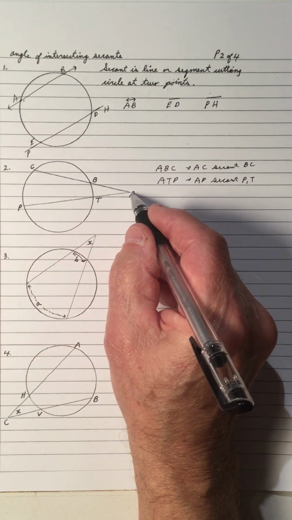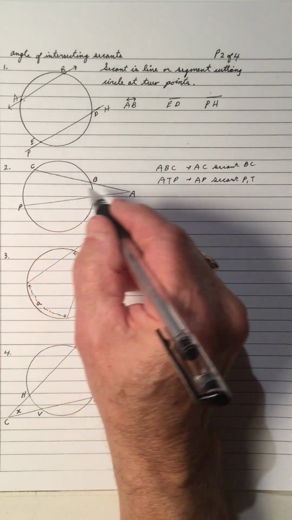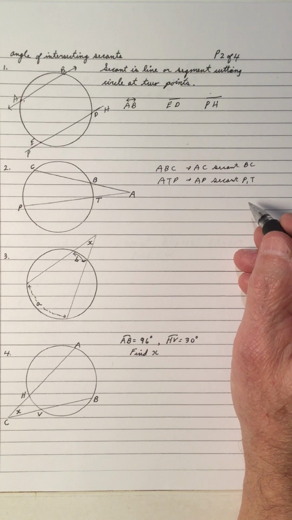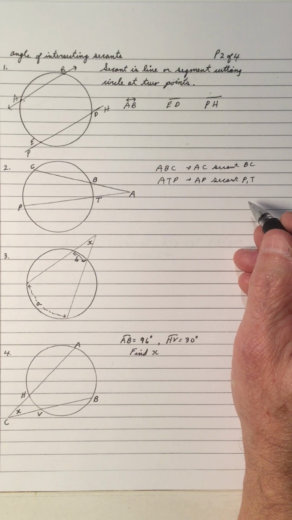So a secant is a line or a segment that cuts the circle at 2 points. Remember, a tangent is a line or a segment that cuts the circle at 1 point.